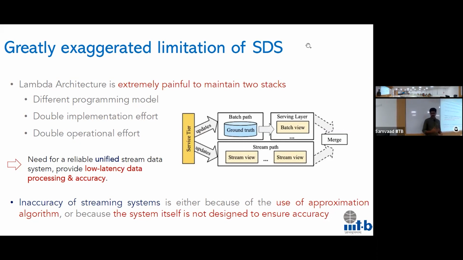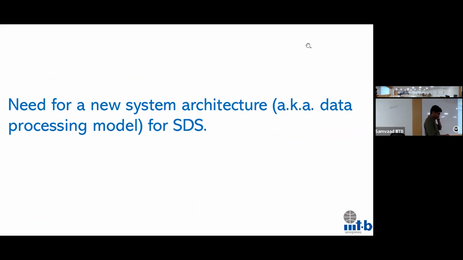Also, it's not designed to ensure correctness, so people take advantage of that aspect. We don't need to wait until you get the entire data. That is one convention which we have to break. I hope you understood why we really need a new, unified system for stream data processing. So you stick on this point and just move ahead.